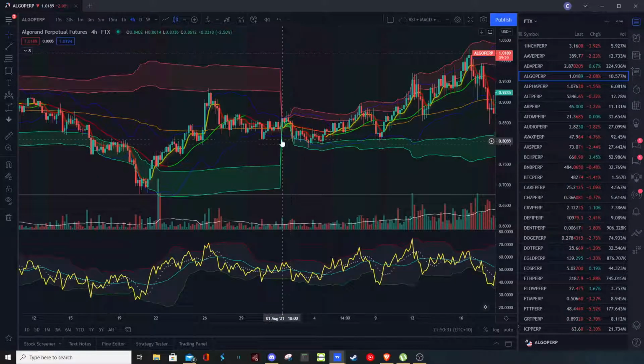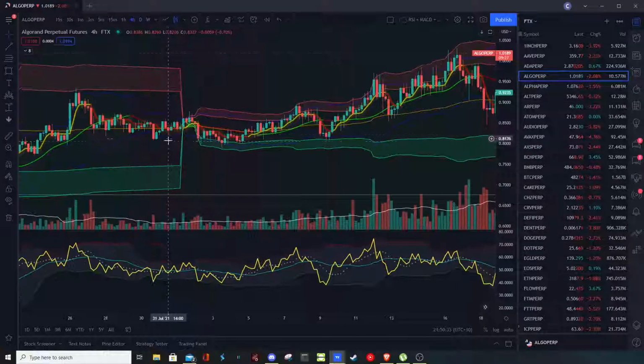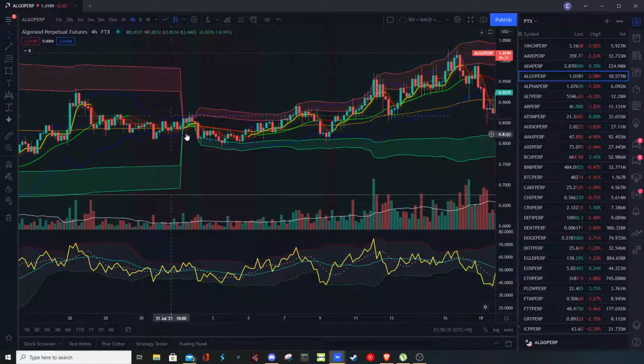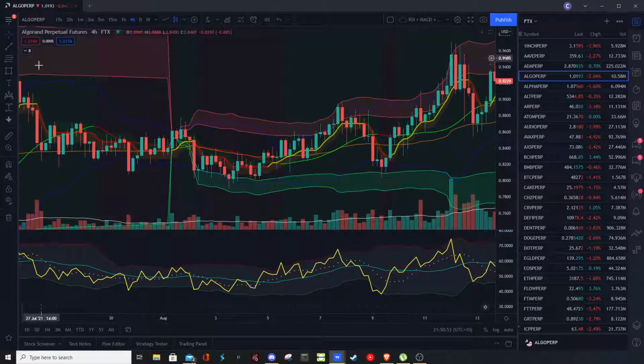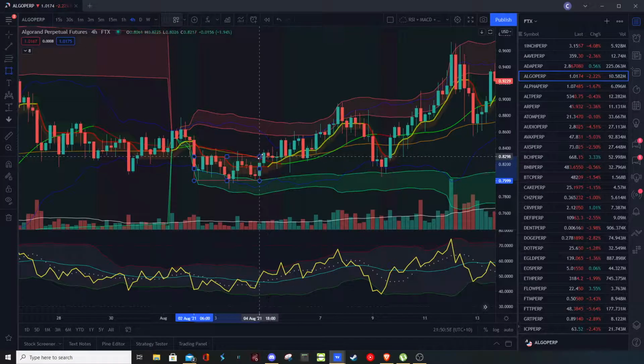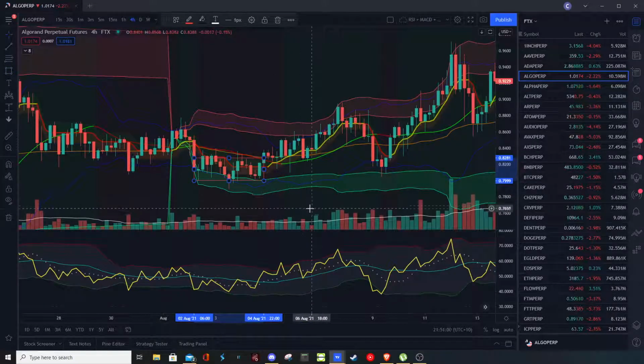We come back to consolidating at VWAP. Bollinger Bands constrict, and we break here. We start off a little bit above, then bearish engulfing, and we're sitting under VWAP here. Now this is 4 hours of time, and we are consolidating under VWAP up to about there.